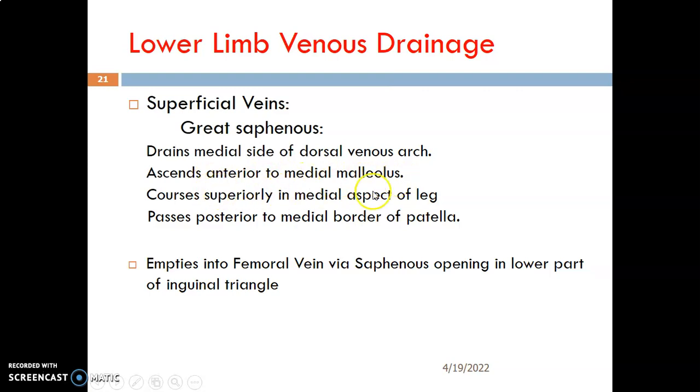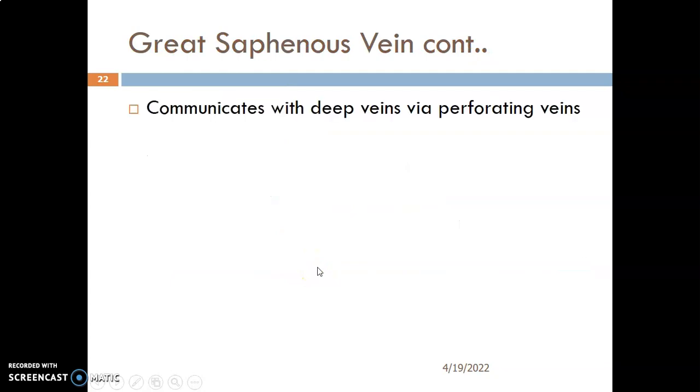Then at the medial aspect of the leg, it courses superiorly, then passes a hand's breadth posteromedial to the patella, and then the great saphenous vein empties into the femoral vein at the saphenous opening, the cribriform fascia around the femoral triangle.